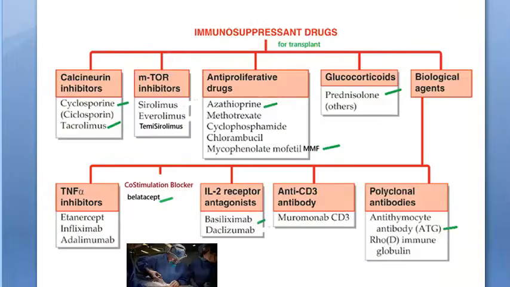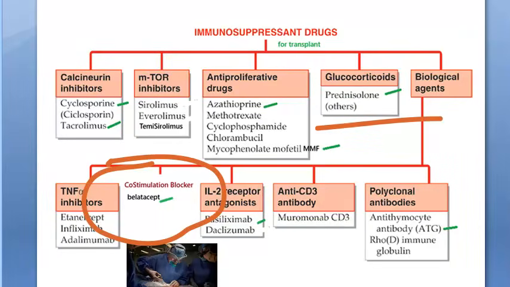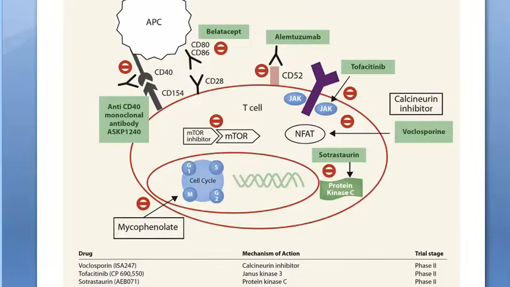Last one, guys. Let's go to the last classification we should know: belatacept, a co-stimulation blocker. It selectively inhibits T cell activation through blockade of CD80, CD86.